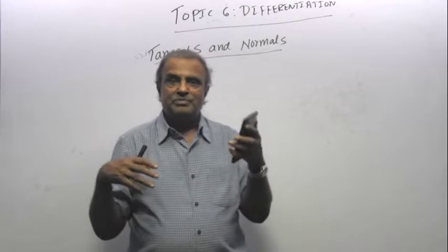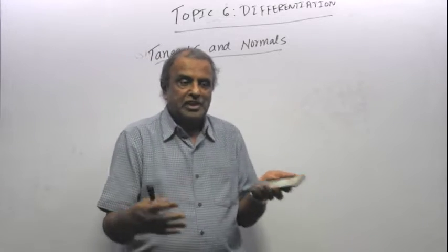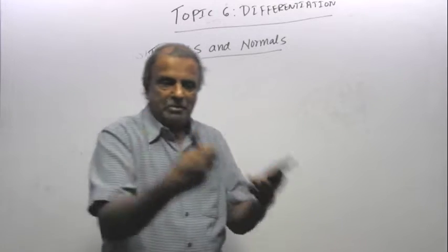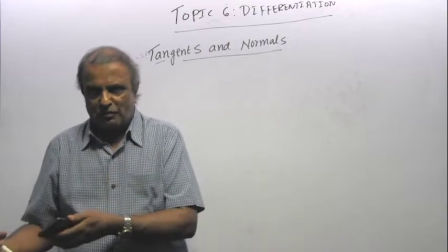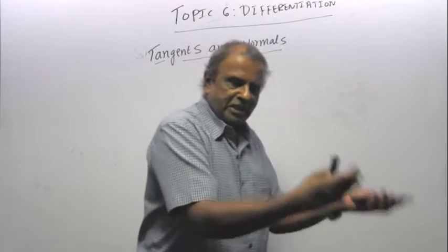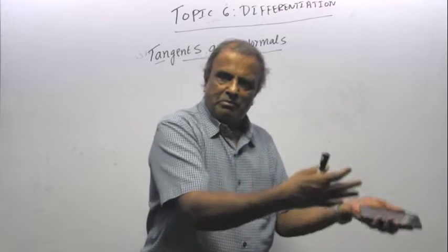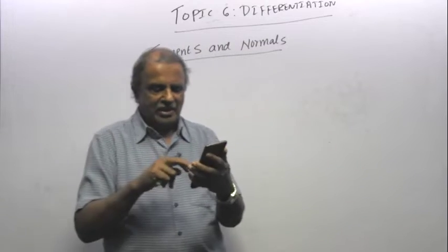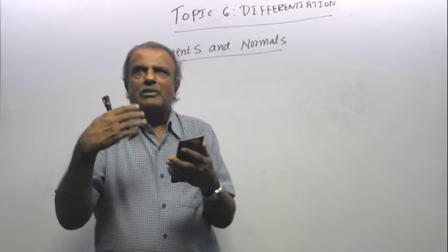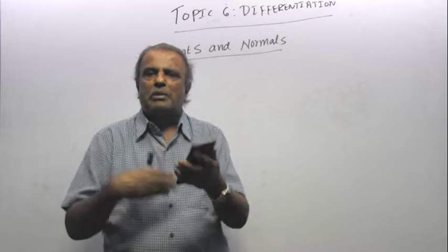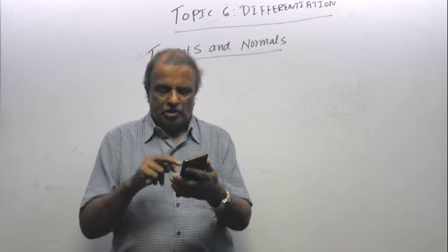In differentiation, you do one type of differentiation, then you do tangent and normal, maximum, minimum. Then you do trig functions, tangents and normals, maximum, minimum. Exponential and log functions, tangents and normals, minimum. Indirectly you keep revising the various concepts.